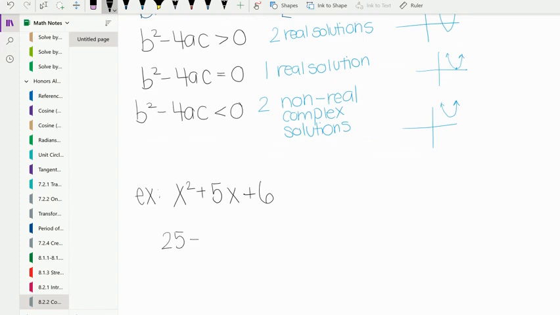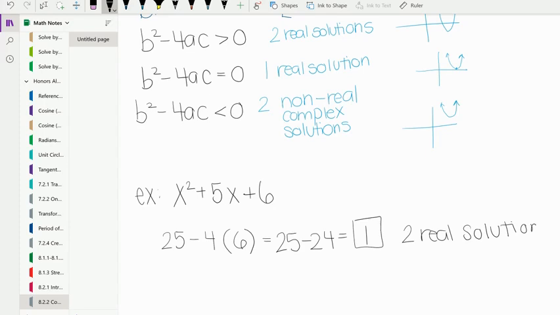Then I would do minus 4ac, and I would end up getting 25 minus 24 equals 1. So 1 is the discriminant, so because that number is positive, or greater than 0, that would mean it has two real solutions. So again, we did not actually solve the quadratic, we just found the discriminant.